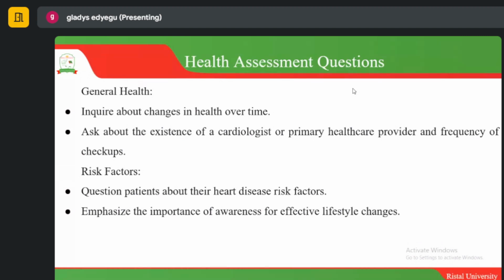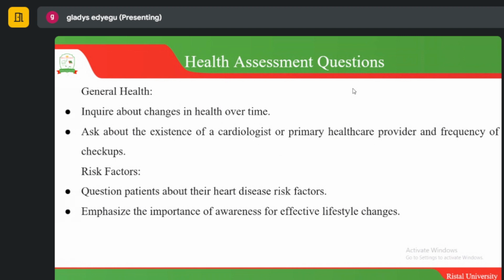You also have to emphasize that, because some of our lifestyles predispose us to some of these conditions. So when you ask your patient during the time of health assessment and they tell you some of these responses, and you really understand as a health worker that this can predispose my client to a cardiovascular condition, then you should be able to advise him or her accordingly.